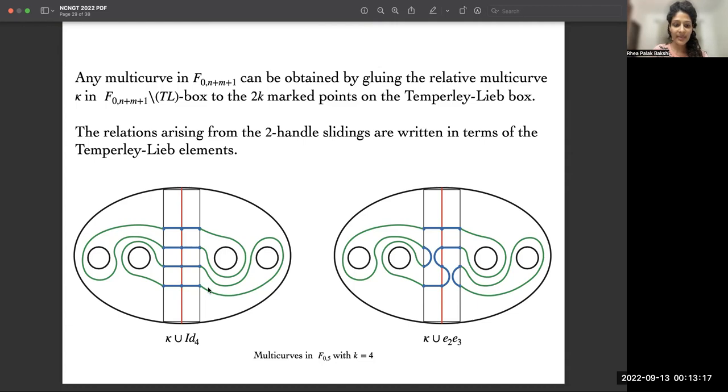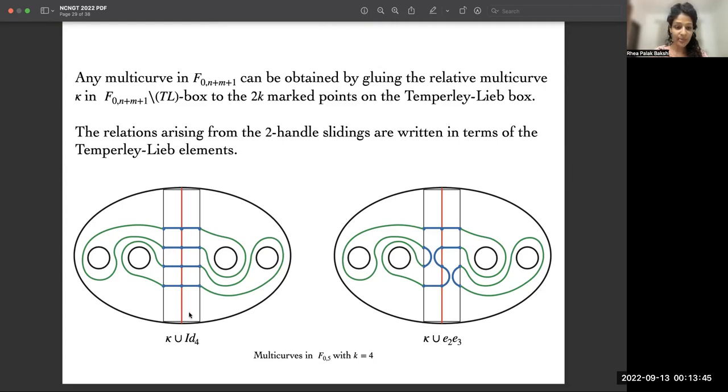And then to these Temperley-Lieb elements, we glue any curve system on the outside on the planar surface. And then once we glue this curve system with the Temperley-Lieb elements, we get all positive relative curves on this planar surface. And the reason why we did this is because now we can represent all of our two handle sliding simply as Temperley-Lieb elements, which simplified our calculations a lot.